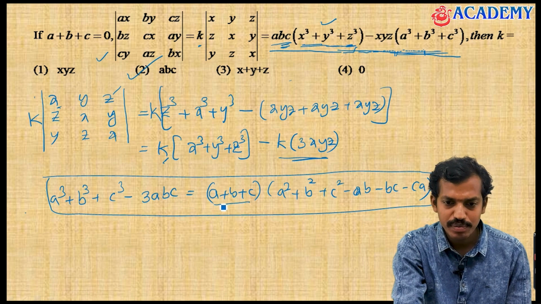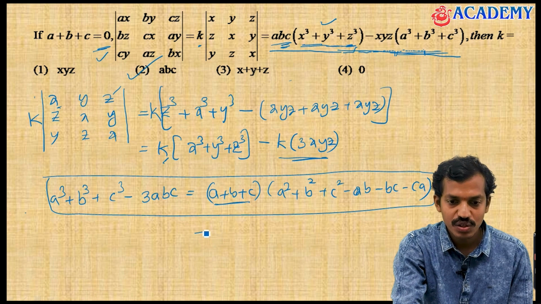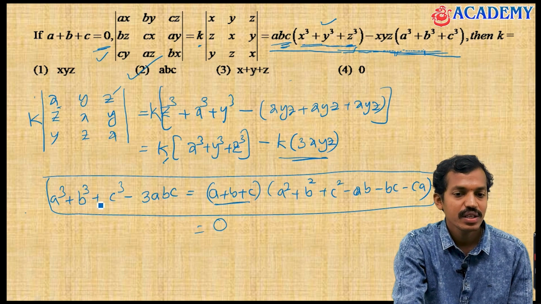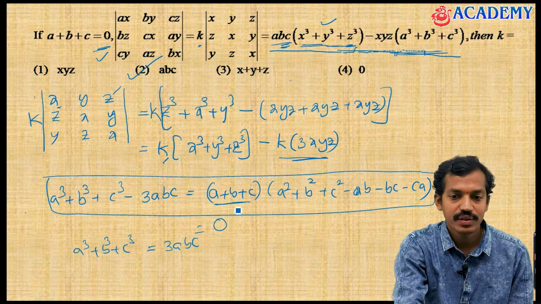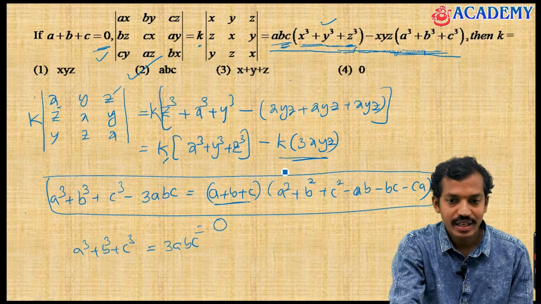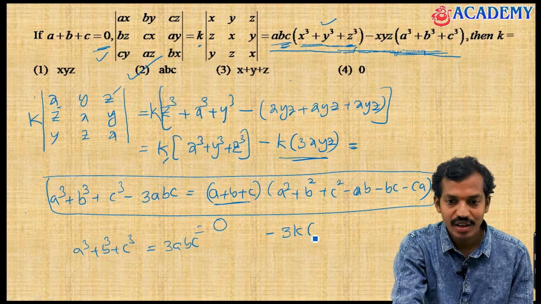Here see, a plus b plus c is given as what? Given as 0. Means 0 into something is always going to be 0. Means a cube plus b cube plus c cube we can write equal to 3abc. Indirectly, in this value we can write minus 3k into xyz.